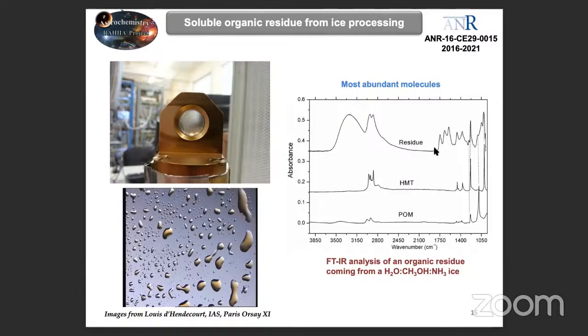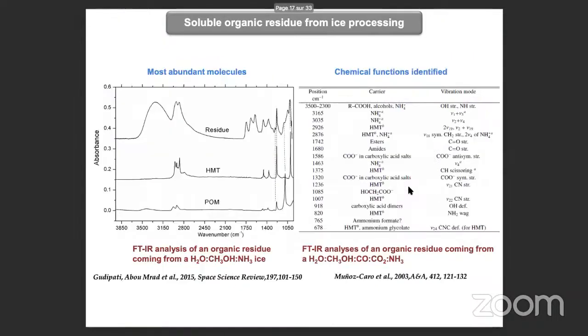Here you have infrared spectroscopy, so you can identify classical molecules that are obtained in this residue, hexamethylenetetramine, polyoxymethylene. You obtain with infrared spectroscopy some interesting information about the chemical functions that form these different molecules.